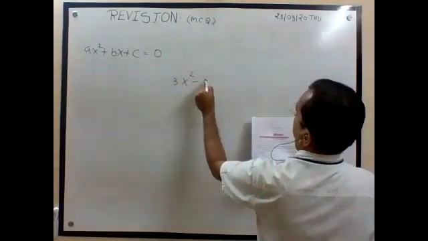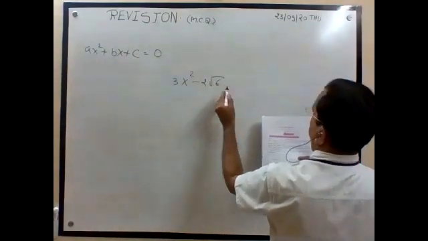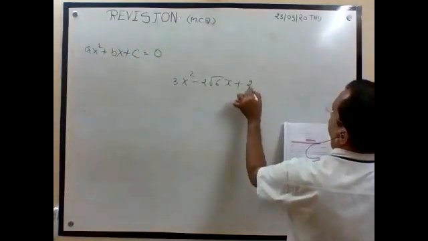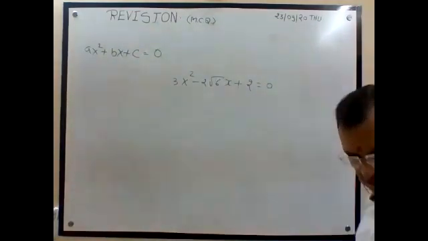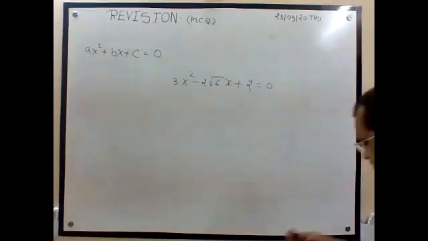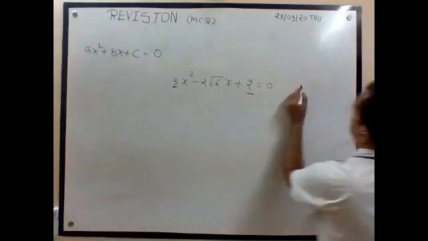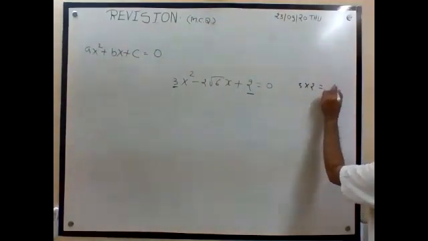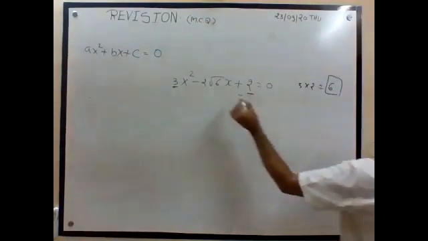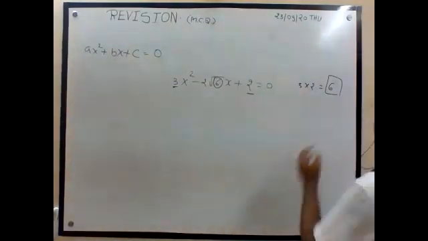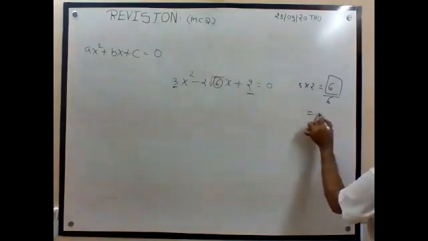3x square minus 2 root 6 x plus 2 is equal to 0. Here I have given the step that you have to multiply this and this. 3 into 2 is equal to 6. Always divide by the under root number, so the answer is 1.